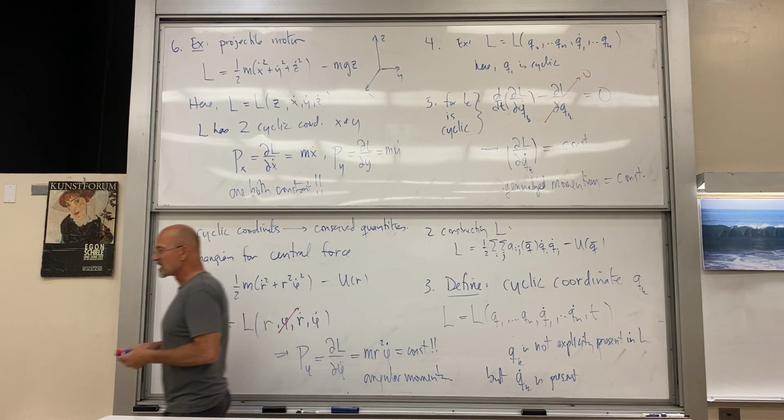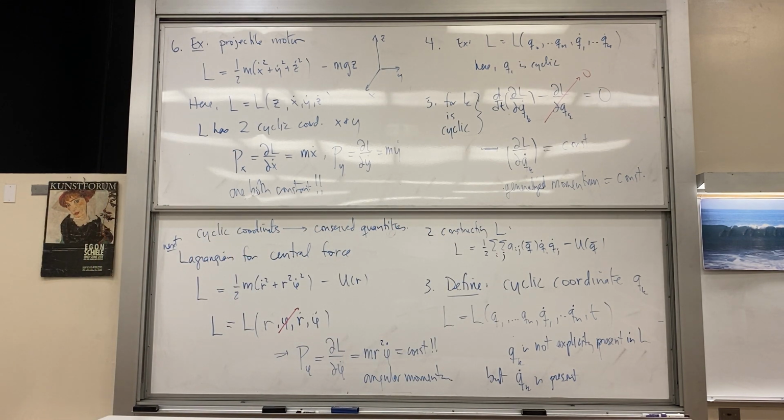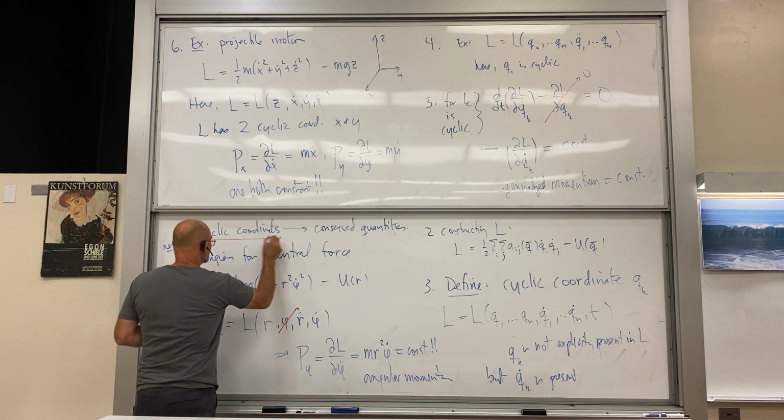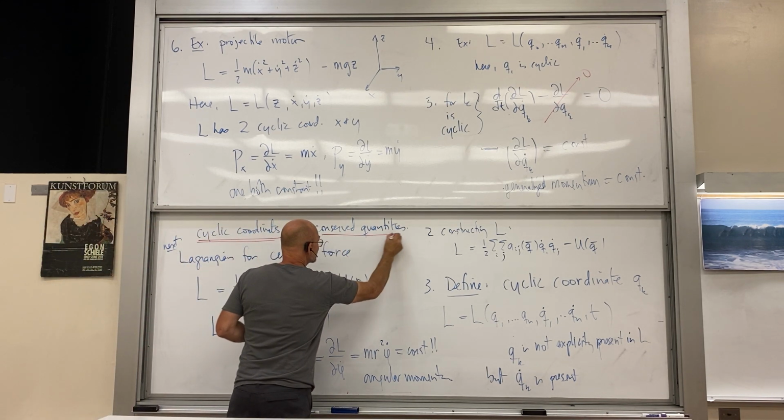And this brings us to the topic of symmetries and conservation laws. I don't think I have to belabor this too much longer. If you have your cyclic coordinate, you automatically get this conserved quantity.